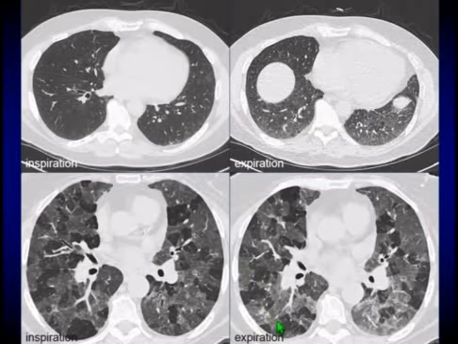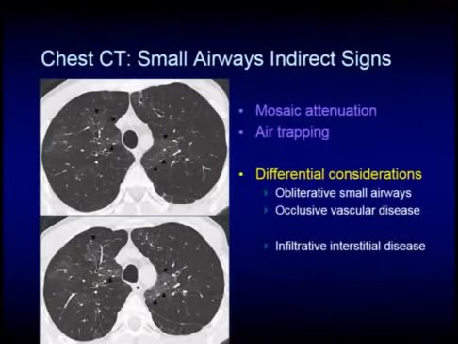Now notice on the expiration, right, it almost looks the same, if not the black areas look even more pronounced. The gradient between the black and the gray lung is preserved and even accentuated. And so in this case, this is due to air trapping. Now, here's another case. Here we've got on top, we see again, mosaic lung attenuation on inspiration.